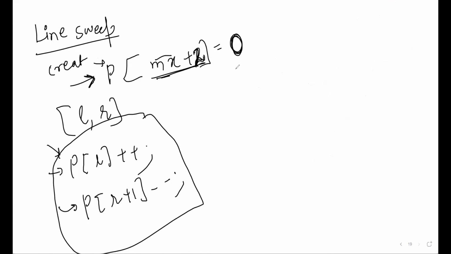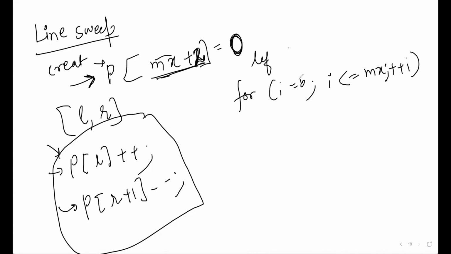Now you go from left to right, running a loop from i equal to 1 to the maximum point of the range, plus plus i. It is given that the range starts from 1 and is up to 10 to the power 5, so in the worst case you will run a loop from 1 to 10 to the power 5.